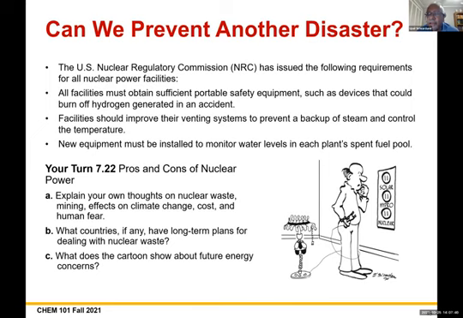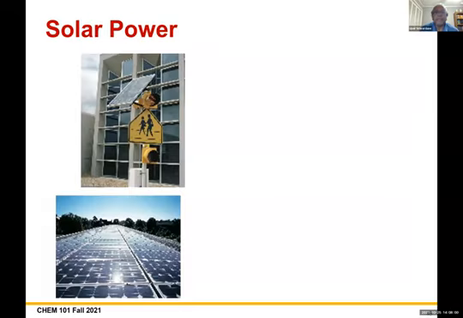I think hydro and solar are the safest alternatives, but nuclear power, if we can control nuclear waste, would not be that bad. So now we're going to shift to another alternative source, which is solar power.